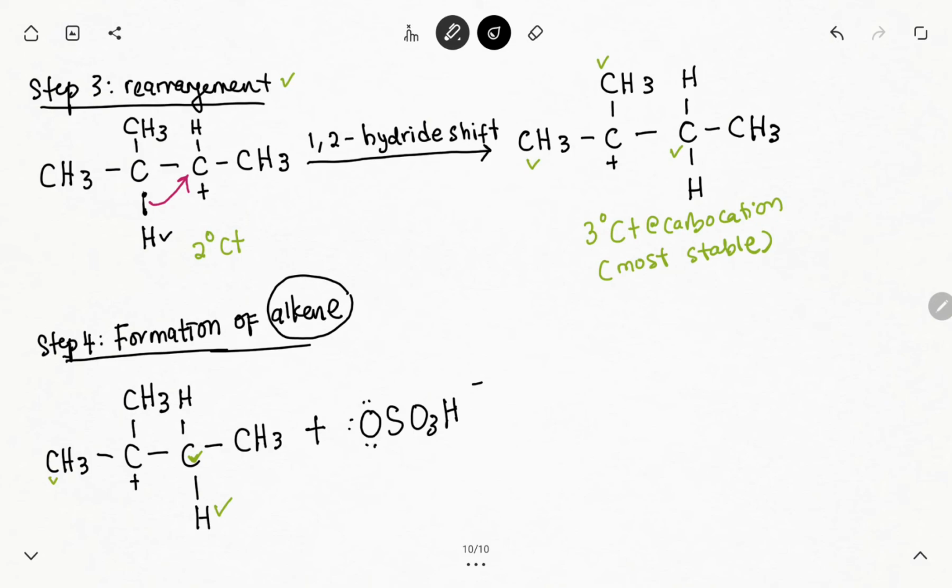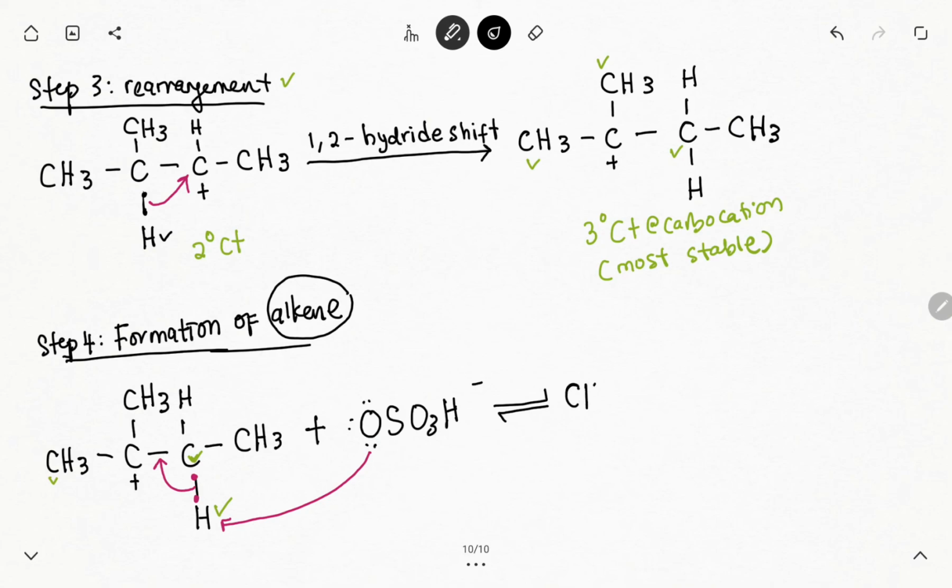The lone pair on the oxygen atom will attack the proton from the carbon neighboring the carbocation, and at the same time the two electrons sharing together will stabilize the carbon atoms, forming the final product, which has a carbon-carbon double bond. So the product is formed after the hydrogen is attacked by the O from SO3H minus.